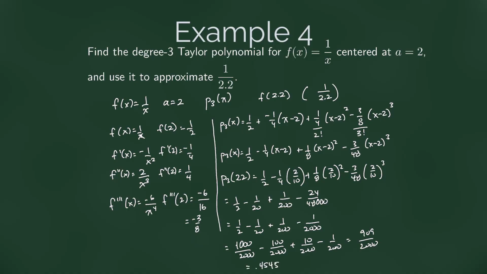But 1 divided by 2.2 is 0.45 repeating, so we see in this case we get a really accurate estimate for our rational expression.